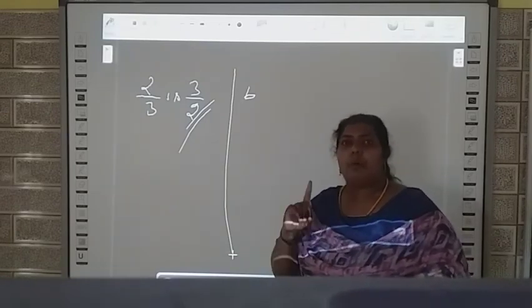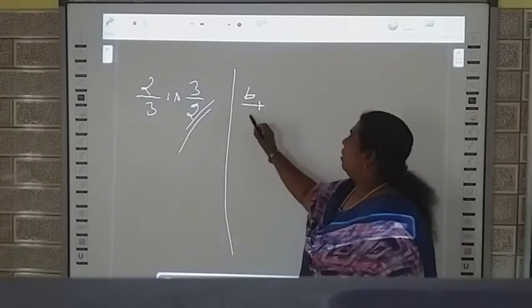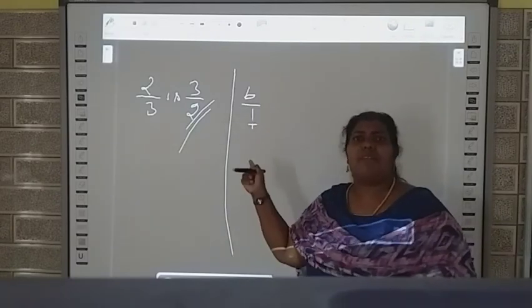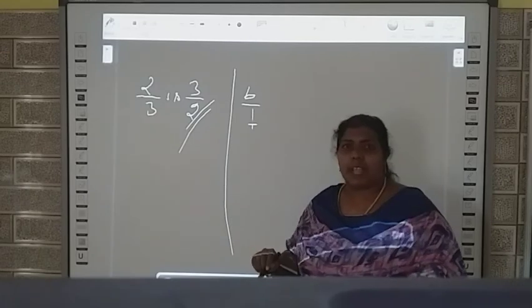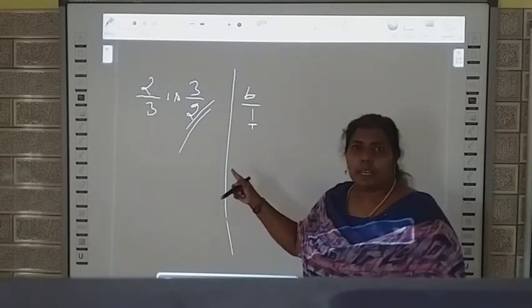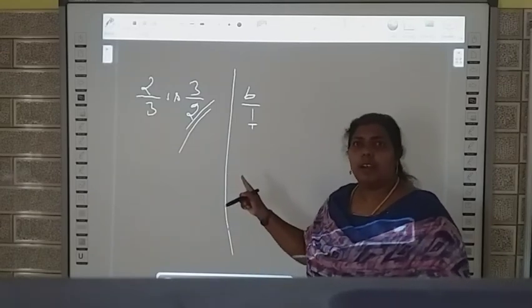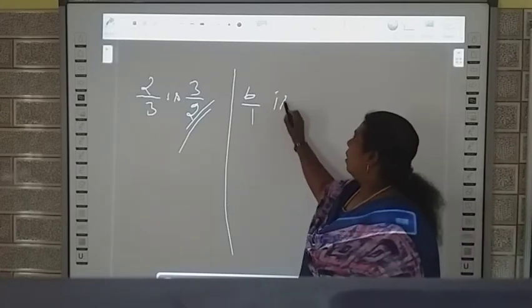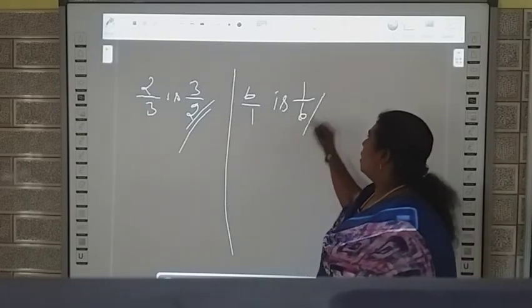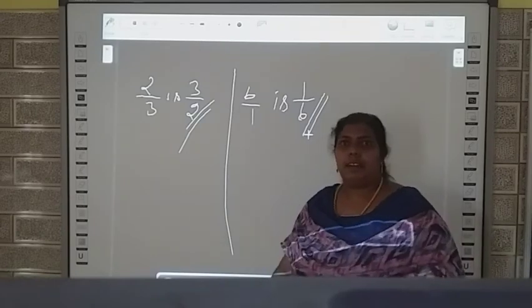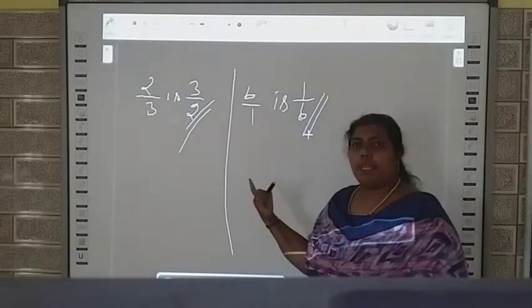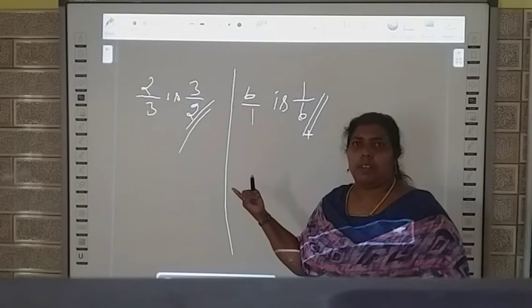What is the denominator? 1 only, right? So here the denominator is 1. Now this number is a fraction, right? Now we can find the multiplicative inverse or reciprocal. The reciprocal is 1 divided by 6. Understand? If it is a whole number, we can find the reciprocal also.